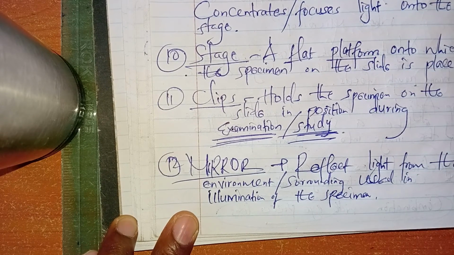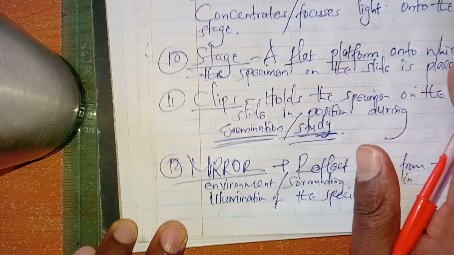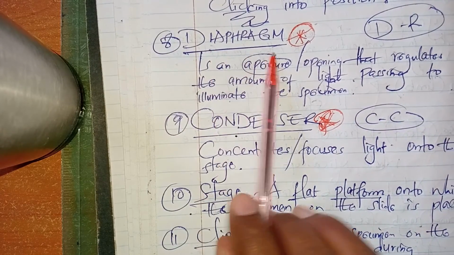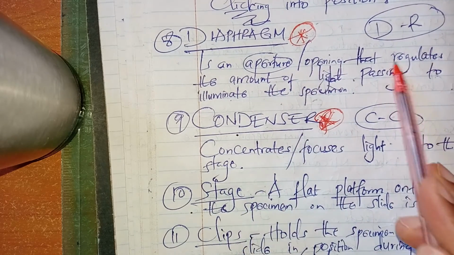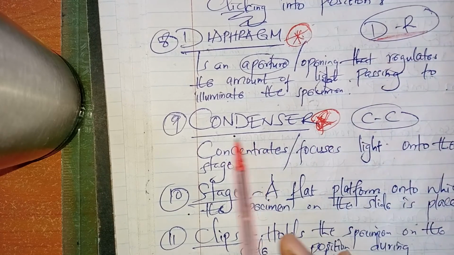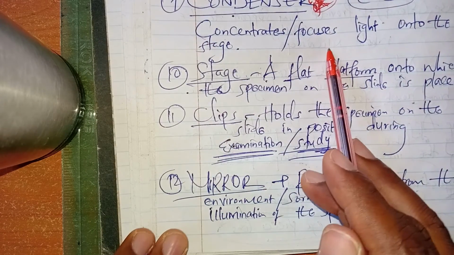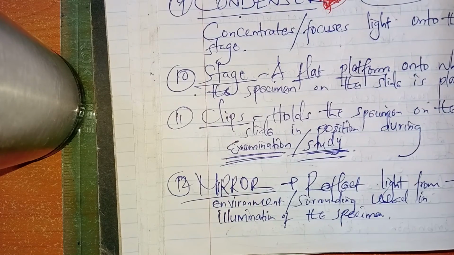The diaphragm is used as an aperture or an opening that regulates the amount of light. So DR: diaphragm for regulation. Then C: condenser concentrates or focuses light onto the stage.